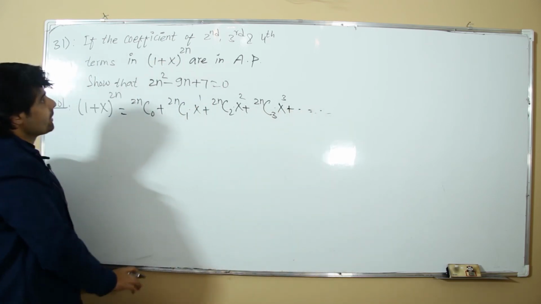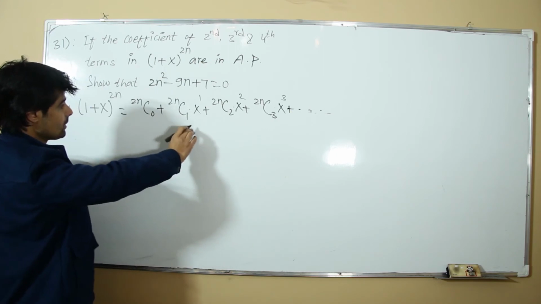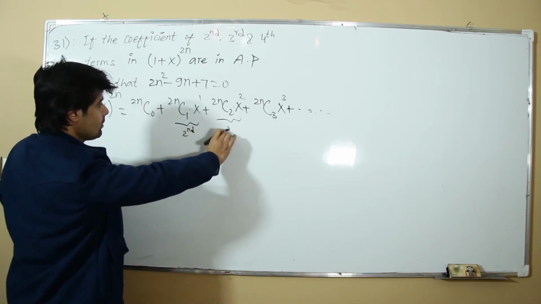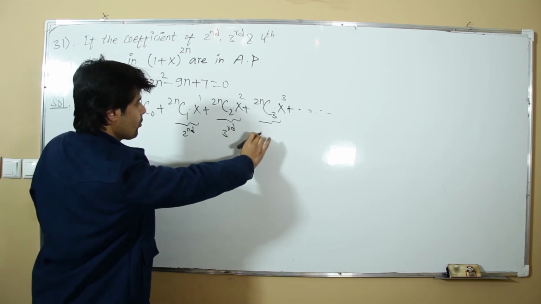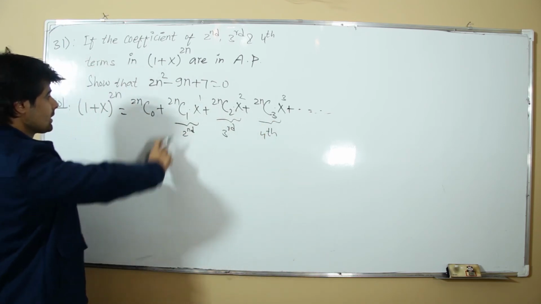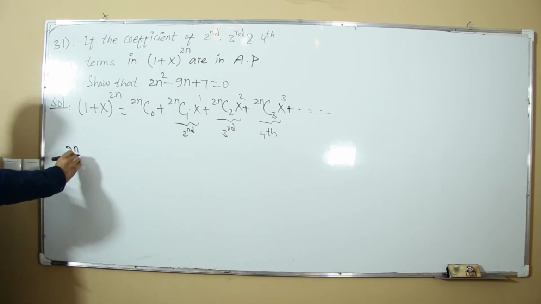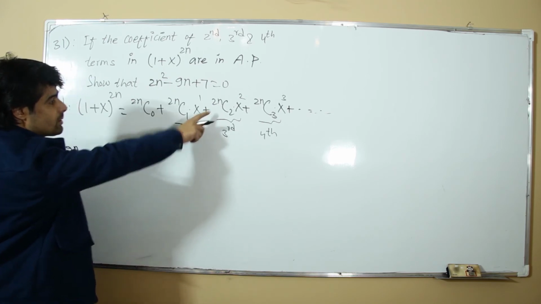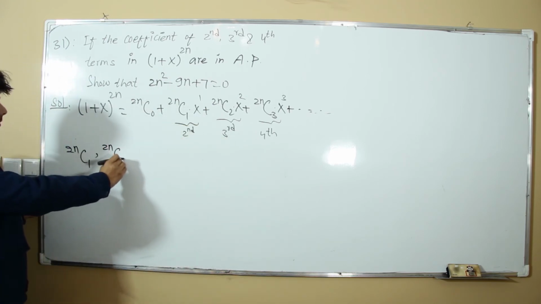Now the coefficient of second term, this is second term, this one is third, and this one is fourth. Am I right? What's the coefficient of the second term? It is 2n c1. Coefficient of the third term, it is 2n c2.